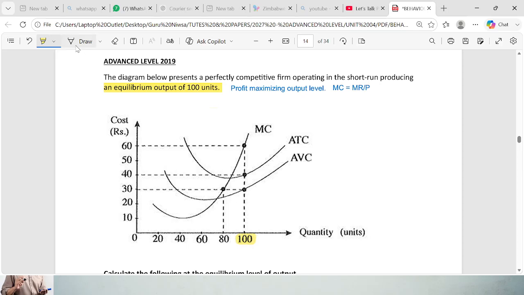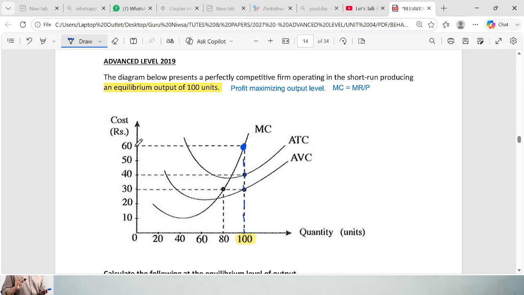Come vertically upward and you will meet the MC curve. This is the profit maximizing point, where marginal cost and marginal revenue curves intersect.